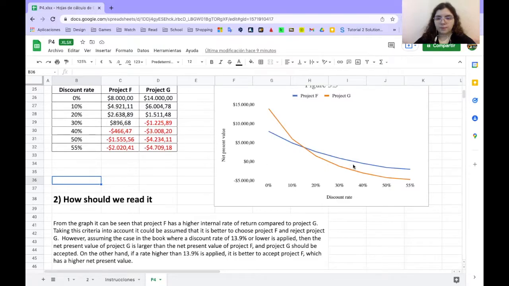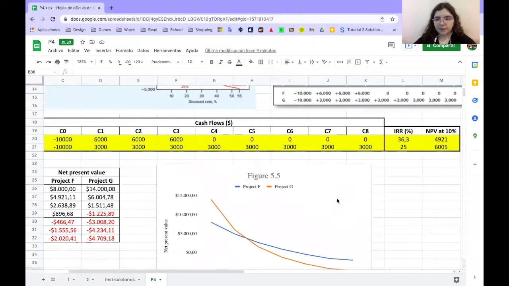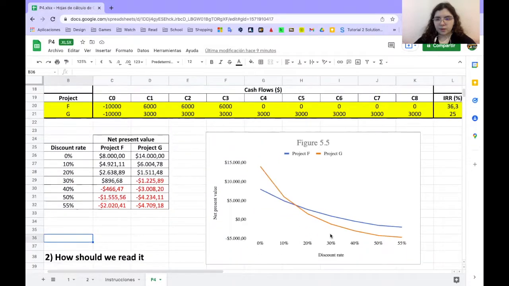So you check this, and then it's the 36% that the book gave us in here. So the Project G has an internal rate of return of 25. If you put the mouse here, you can see the net present value is 0, so it's approximately 25%.